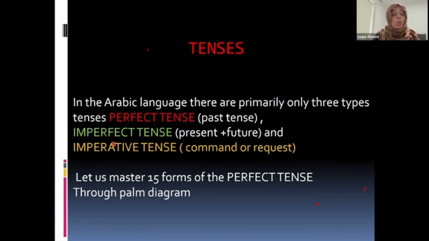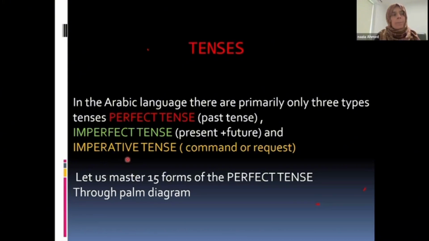Then there's another tense called imperfect tense. Imperfect, why? Because it is something very exclusive to the Arabic language, because this tense is a combination of present and future. We call it al-mudari. It is a combination of present and future both. Yes, there are some clues from where we can distinguish whether it is present or future.